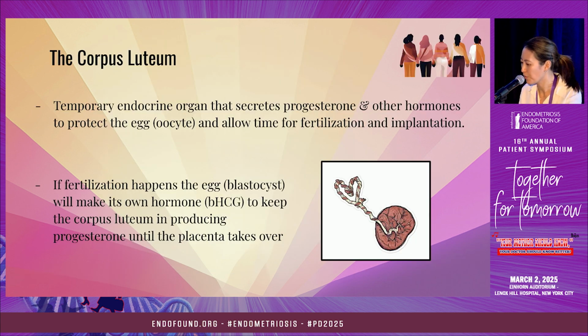The corpus luteum is a normal structure, a temporary endocrine organ. It secretes progesterone and other hormones, protects the egg, and allows time for fertilization and implantation. If fertilization happens, the egg makes its own hormone, beta-HCG, to keep the corpus luteum producing progesterone, and then the placenta takes over around 9 to 10 weeks.